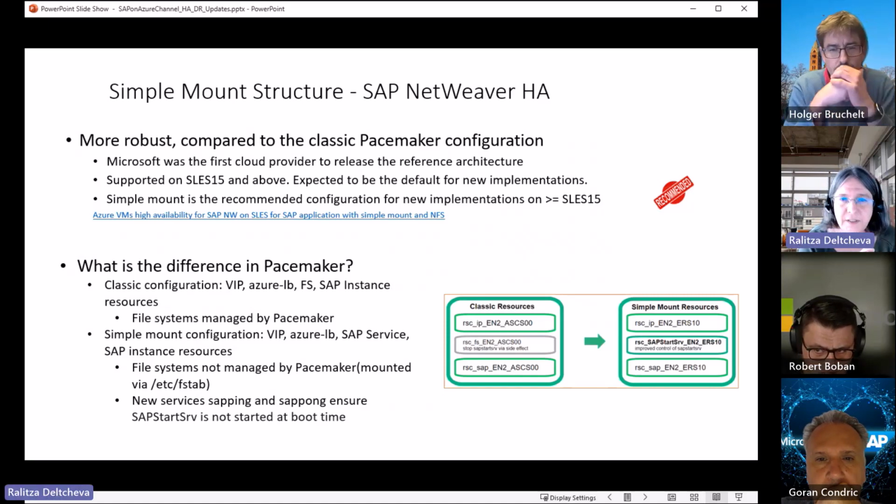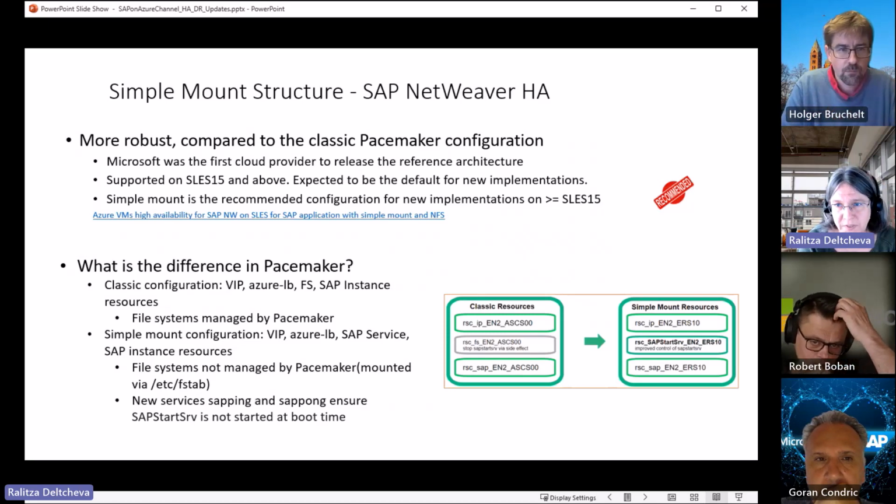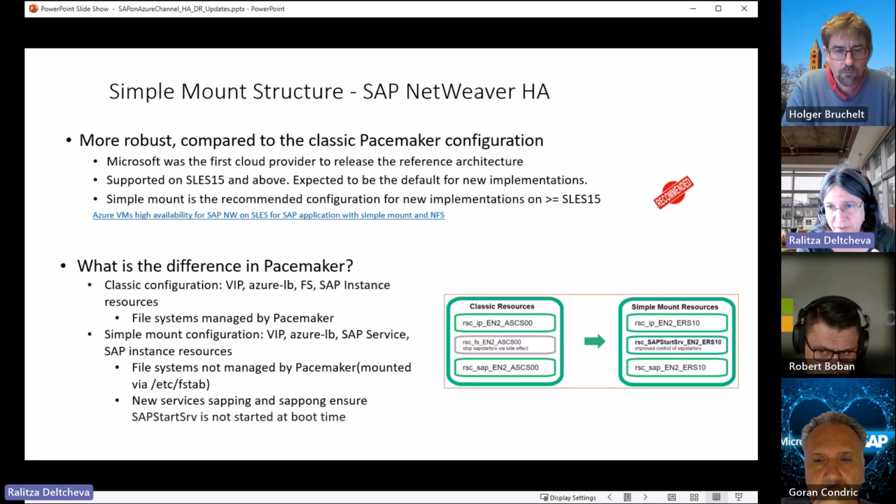With the new reference architecture, the big difference is that the file systems are not managed by the cluster anymore. So you mount your file systems via etc fstab, and in the cluster configuration, you have a new resource in addition to the SAP instance, the SAP Start SRV resource. There are two new services, SAP Ping and SAP Pong, some creative naming here for the services from the colleagues at SUSE.